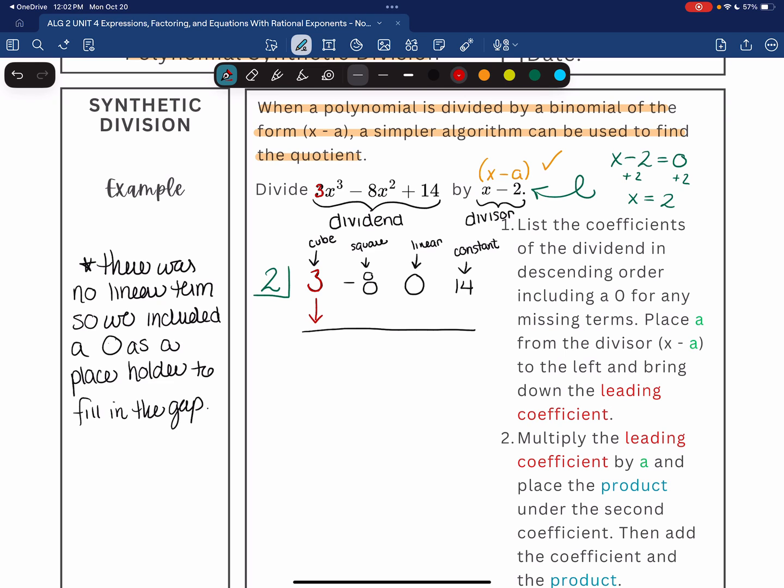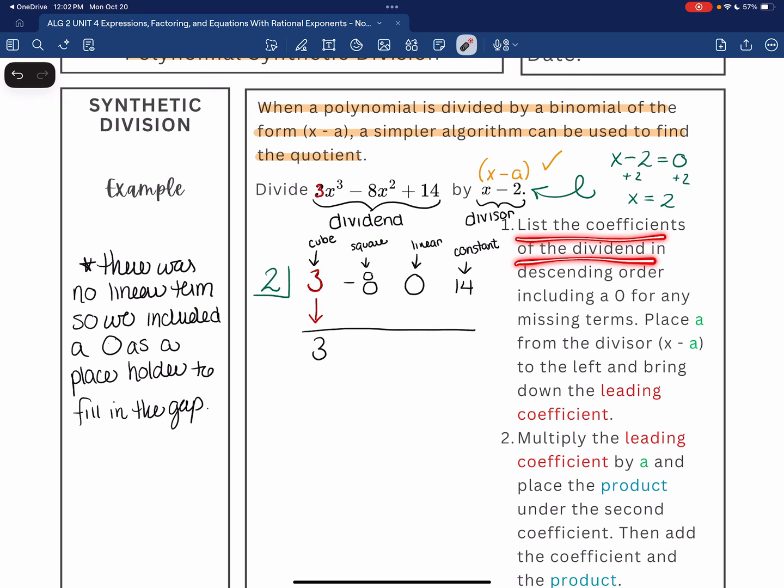That was step number 1, just getting it set up. Take all the coefficients, list them out, fill in any zeros, place your a value in the little divisor box out front, and then bring down that leading coefficient.